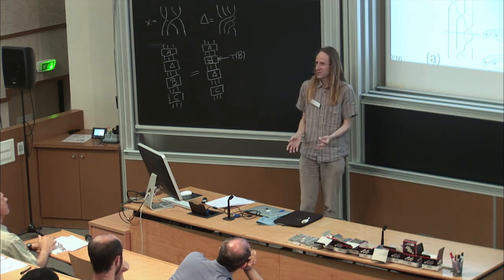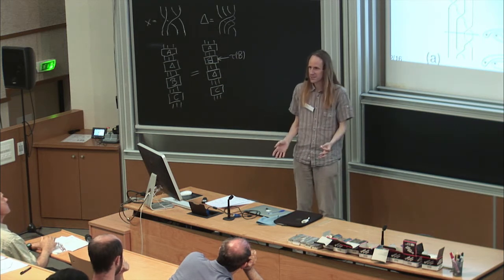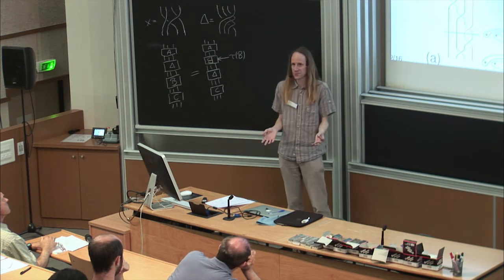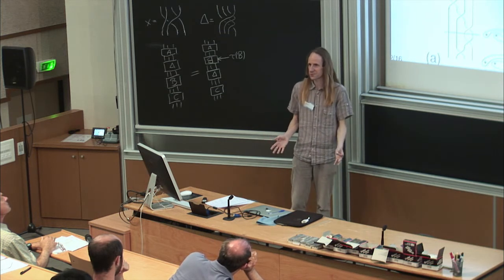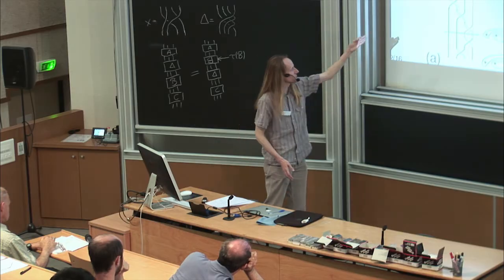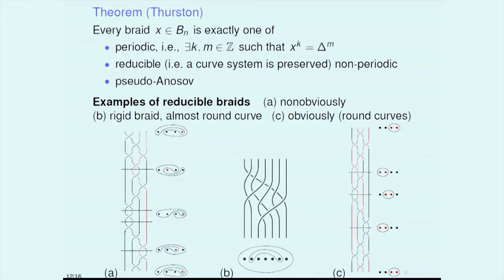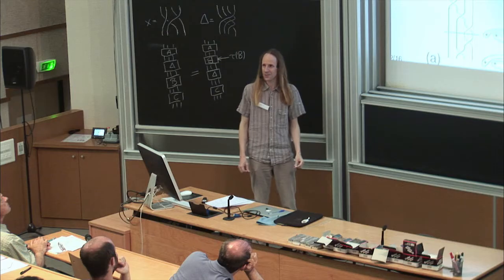If you give me a braid and I want to decide whether it is reducible or not, this is a very non-trivial task, because reducing curves may exist, but they look messy. And I have no easy a priori bound on how messy the curves can get in terms of the length of the braid. A bound does actually exist, but nothing obvious at all.